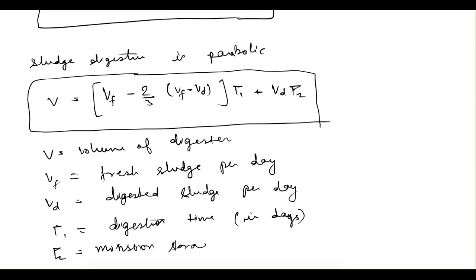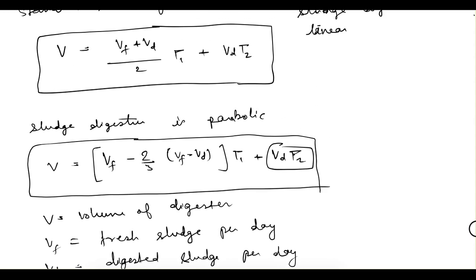So what is this monsoon storage? This part indicates the monsoon storage in both formulas. In the monsoon, the sludge drying beds can be flooded.